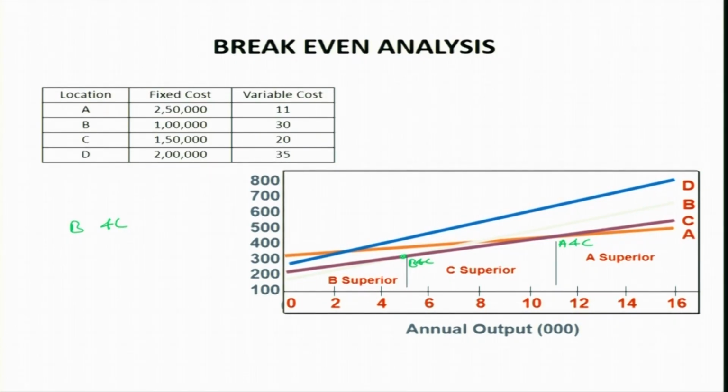So, you will be able to see that. So, second intersection is coming A and C.